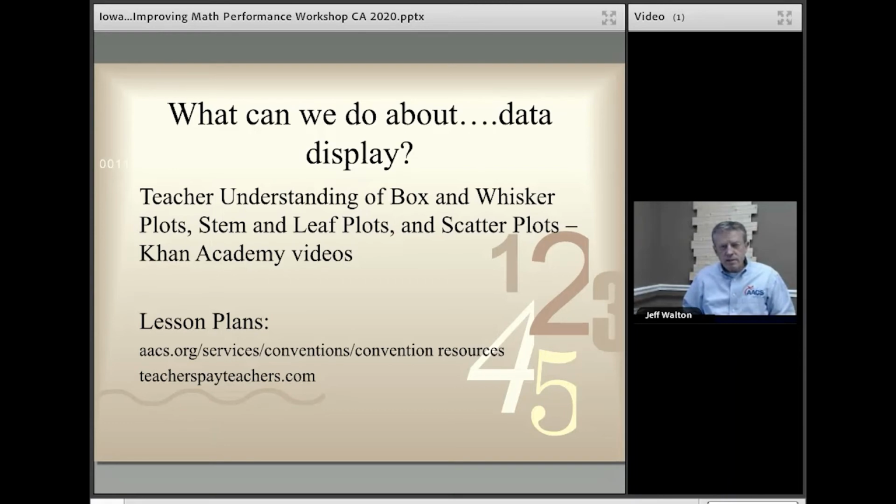This is really significant because these are the kinds of problems in math where on a standardized test, one problem will be presented and then often 2 or 3 questions will be asked from that one problem.